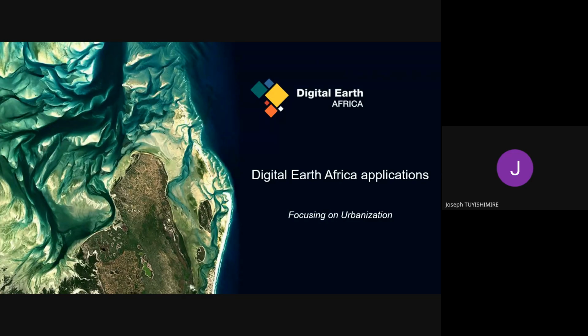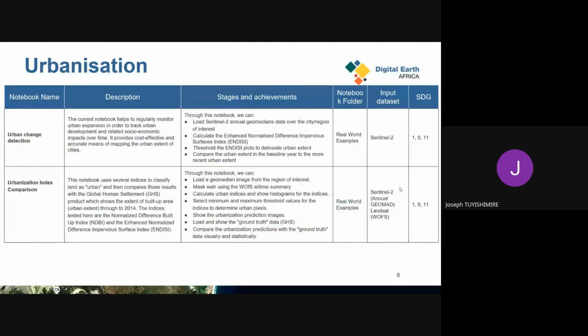Now, the first part, we talk about urbanization, and the Africa has developed several notebooks to monitor urban trends. Among them, we can mention one that uses the enhanced anomaly different behaviors surface index that tries to understand the trend in urbanization, but we can also compare different indices to understand which suits any of our urban areas.